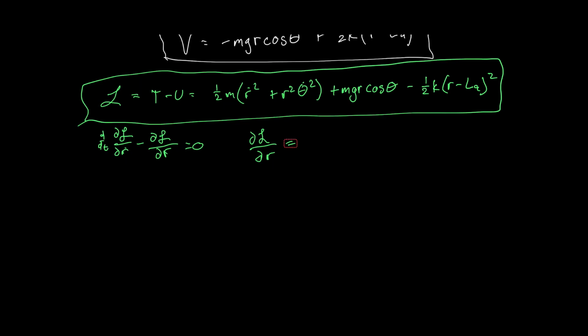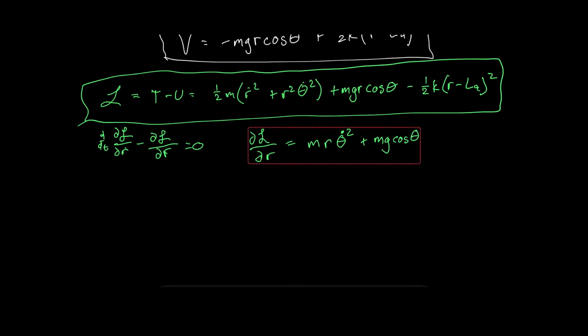Where is r? It's in a few different places. For the first one, 1/2 m r squared goes to m r theta dot squared, plus mg cosine theta.